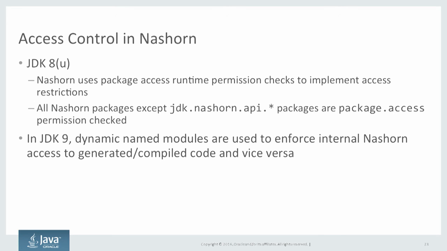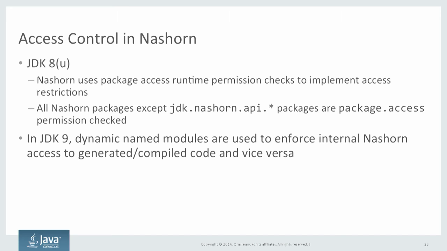What we did in 8U is we mimicked encapsulation using the package.access plus a security manager. But security managers are really not about encapsulation. They're about security. So it's a different thing. The package access thing is really a security manager hack to enforce encapsulation.